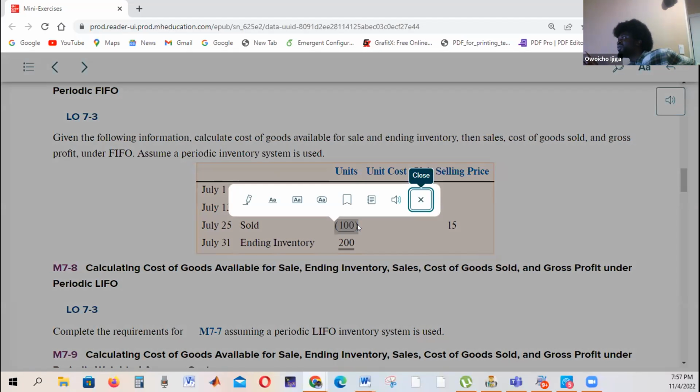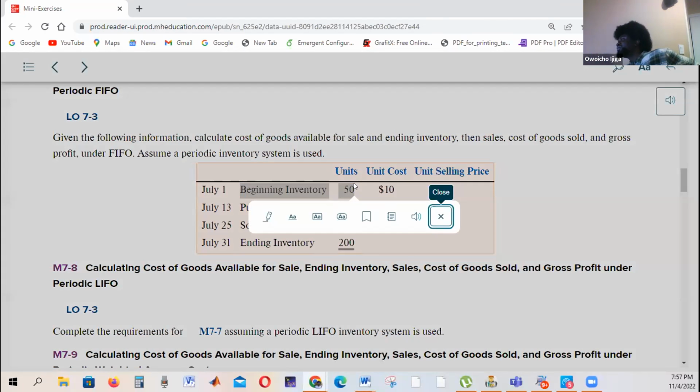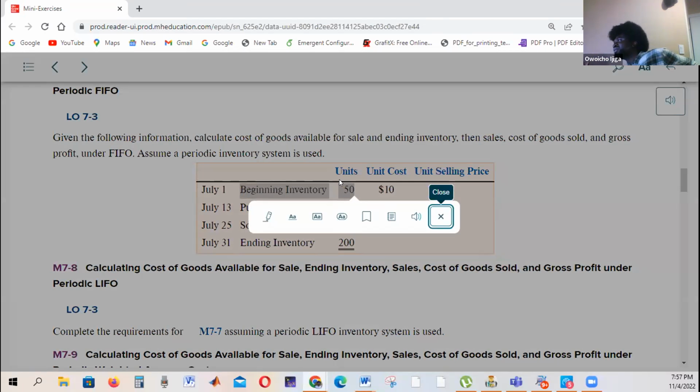That means the first goods that are in the store go out first. The first goods in the store are the beginning inventory, before the purchase went to the store. So I will sell all the beginning inventory, which is 50 from the 300.